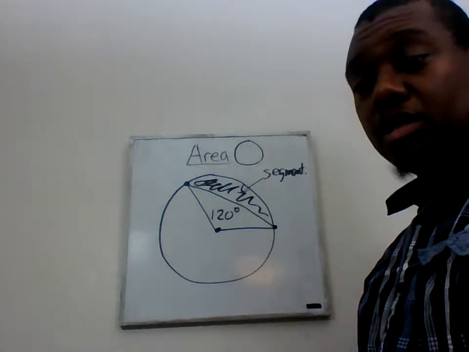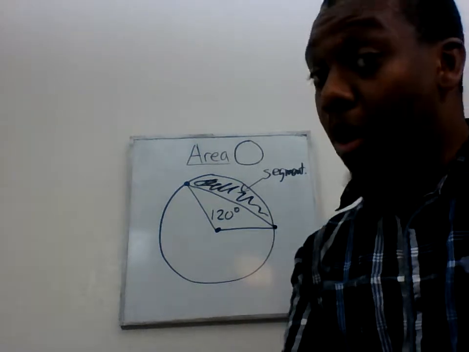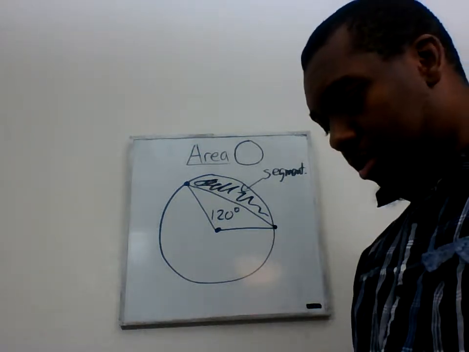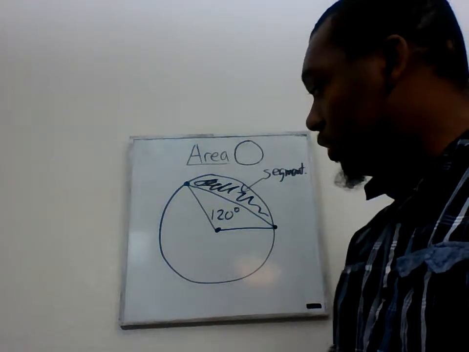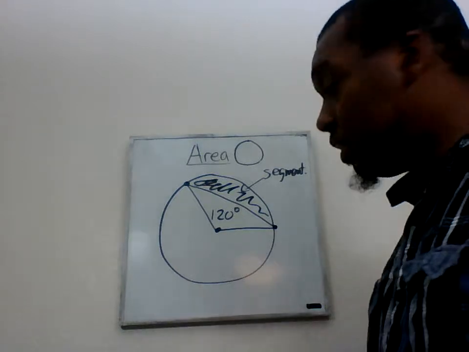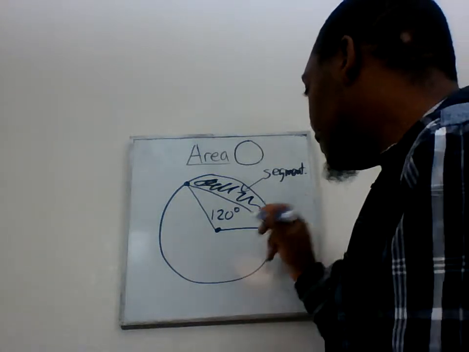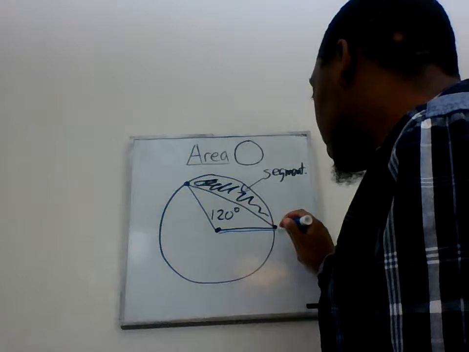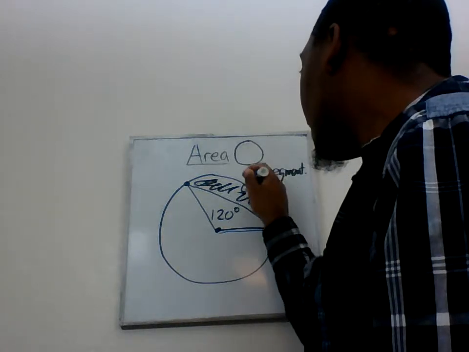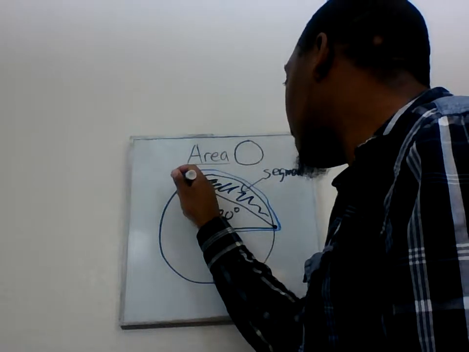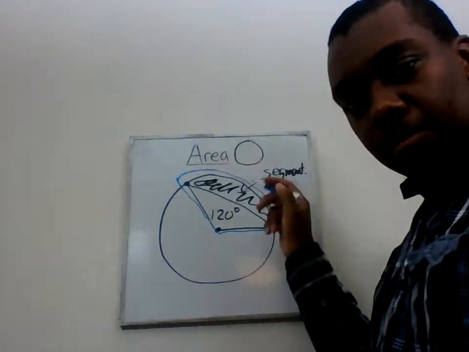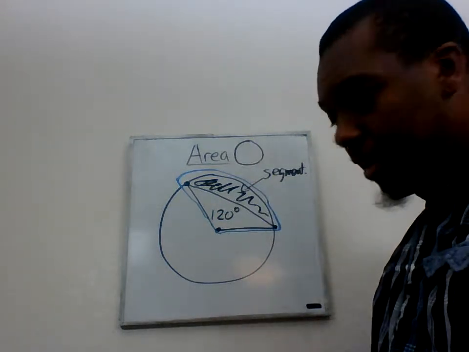Well, as you said, this is part of a sector. So I'm going to use two different colors here to try to denote some things that are going on. So it's part of a sector. Here's our sector. Right? So our sector is within that blue area there.